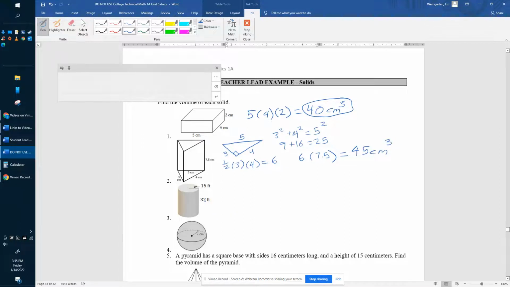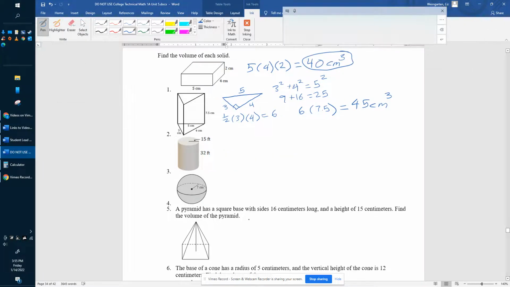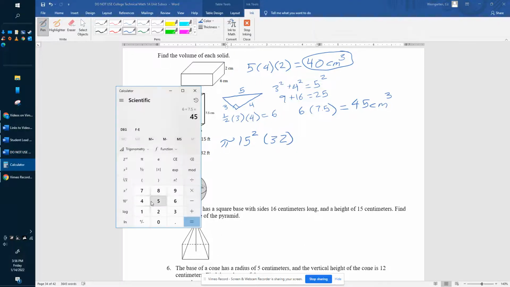How about the cylinder? The cylinder is the area of the base times the height. So what's the area of the base? Pi r squared times the height, which is 32. So what's 15 squared times 32 times pi?